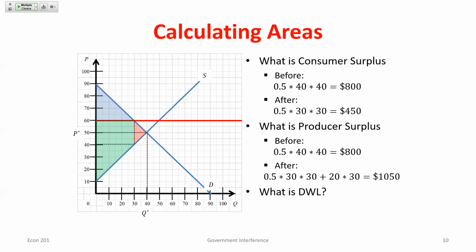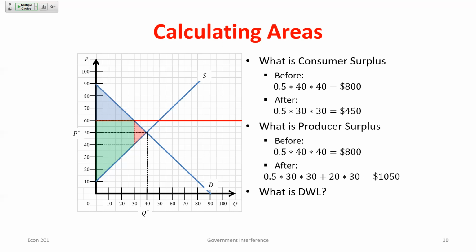What would my deadweight loss be here? What's all the surplus or total surplus loss from these units I'm no longer selling between 30 and 40? Okay. What's total surplus? It's the difference between the demand and supply curve. So the entire surplus loss is represented by that little red area. That's just the area of a triangle. So what's the height of my triangle there?